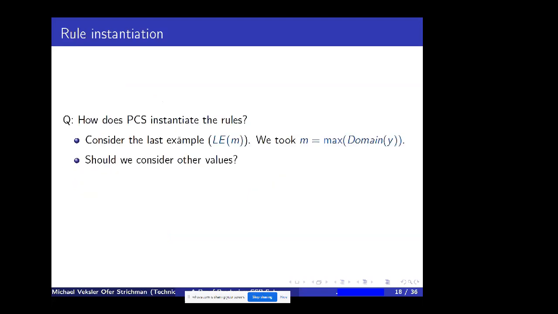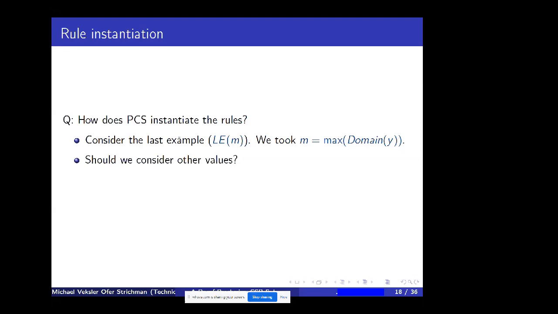So let's continue. How does PCS instantiate the rules? Well, for every rule, looking at what was implied, there is a way to infer what the constants should be. For example, in the last example that we saw, we took m to be the maximal value of the domain of y.